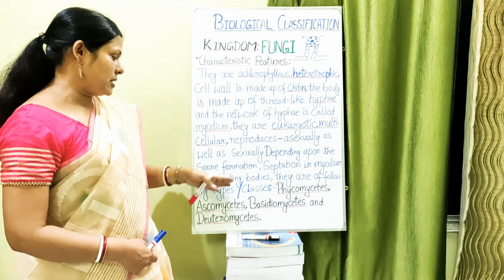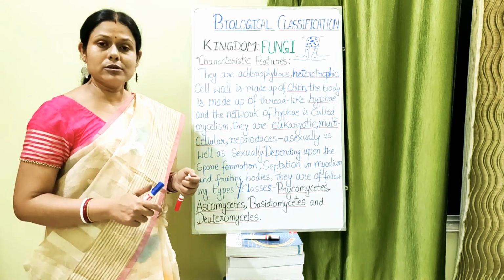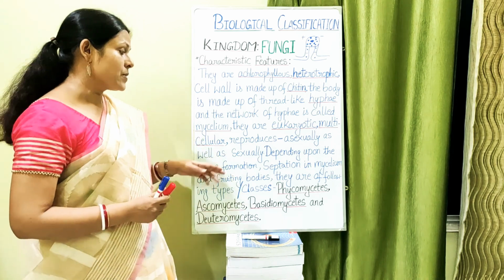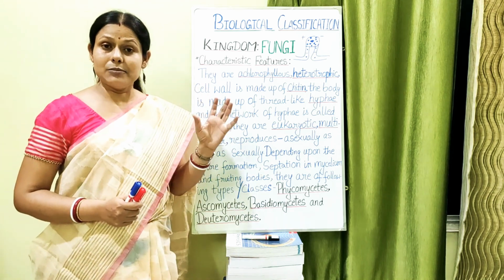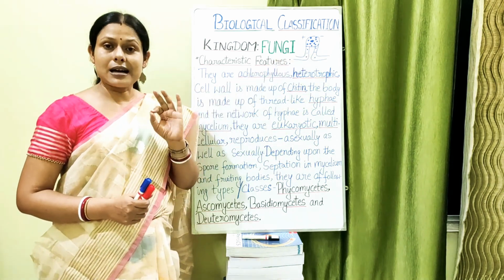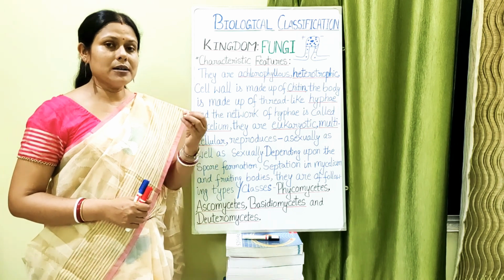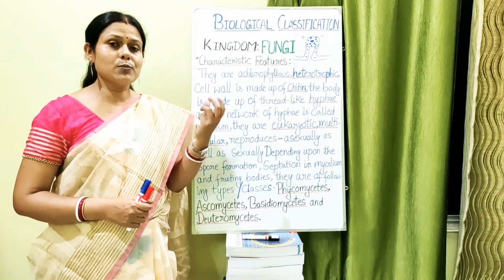Next, the classification depends upon the spore formation, whether the spores are formed as a result of sexual or asexual reproduction, whether the mycelium is septate, that means having partition walls like this, or aseptate, that means coenocytic condition, and the fruiting bodies. The fungus forms fruiting bodies inside which the spores are produced.